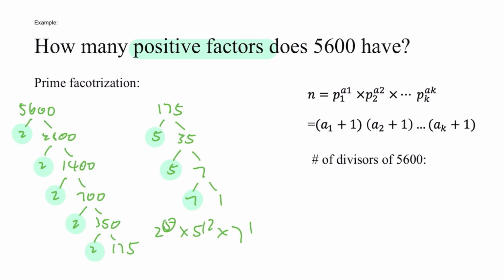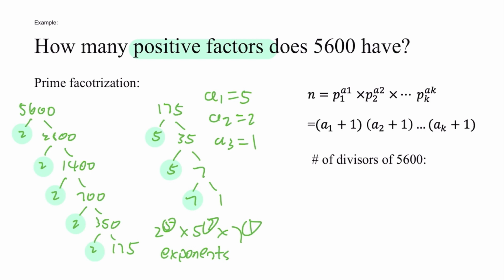And we notice that 5, 2, 1, they're all exponents of the prime numbers 2, 5, and 7. So here we can look at the formula on the right side, which is a1 equals 5, a2 equals 2, a3 equals 1.